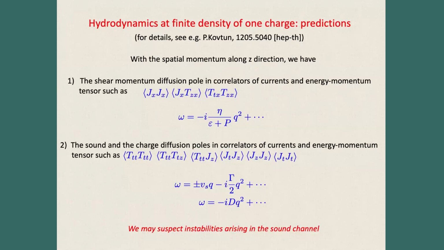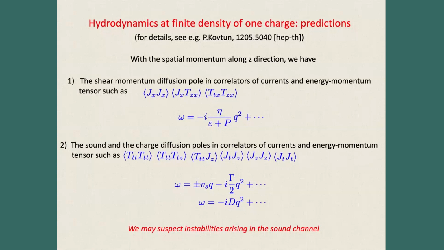And then you can write down the dispersion relation for the quasi-particle excitations in this system, which are gapless excitations coming from the hydro equations of motion. And in quantum field theory, these dispersion relations will appear as poles of the appropriate retarded correlation functions.